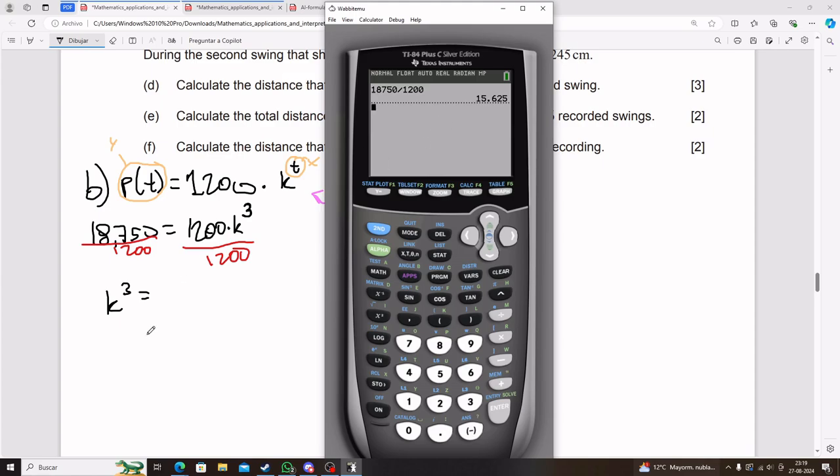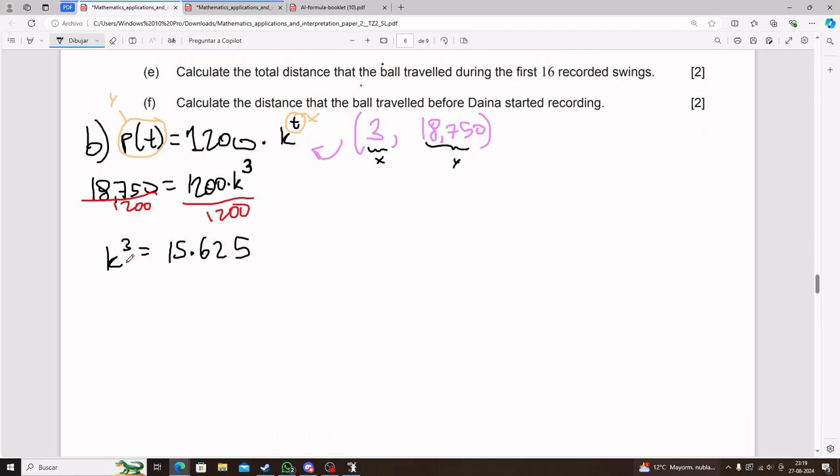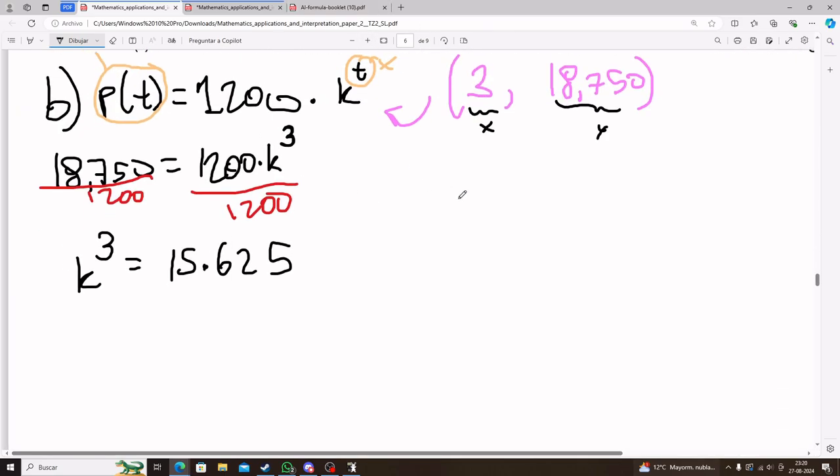So k cubed equals 15.625. And from here, how do you get rid of a variable that is cubed, k to the power of 3? What do you do? First of all, if this exercise was a lot simpler, we would have k squared equals 15.625.